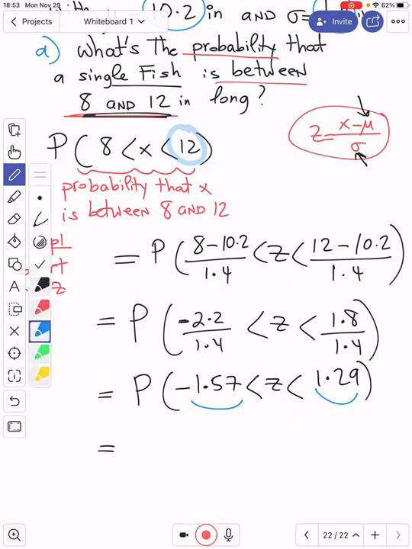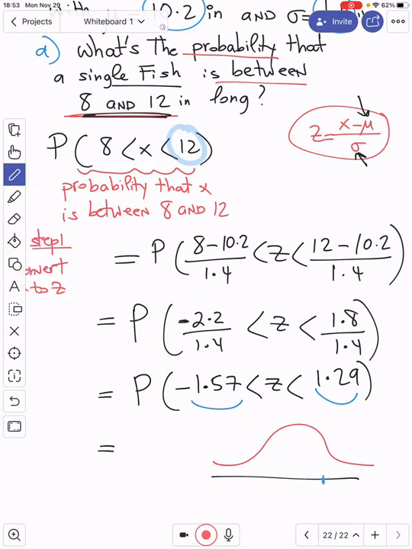Just to remind you, so you have your graph. You have your 1.29, and here it's the negative 1.57, right? And you want to find the probability that Z is between these two numbers, which is the area of this region, right? Between these two numbers. Okay, now what's the area between these two numbers?